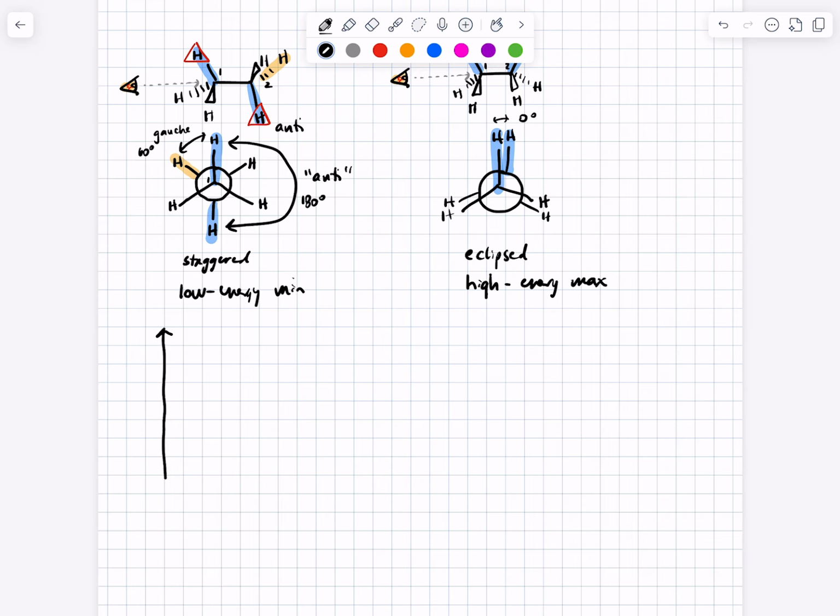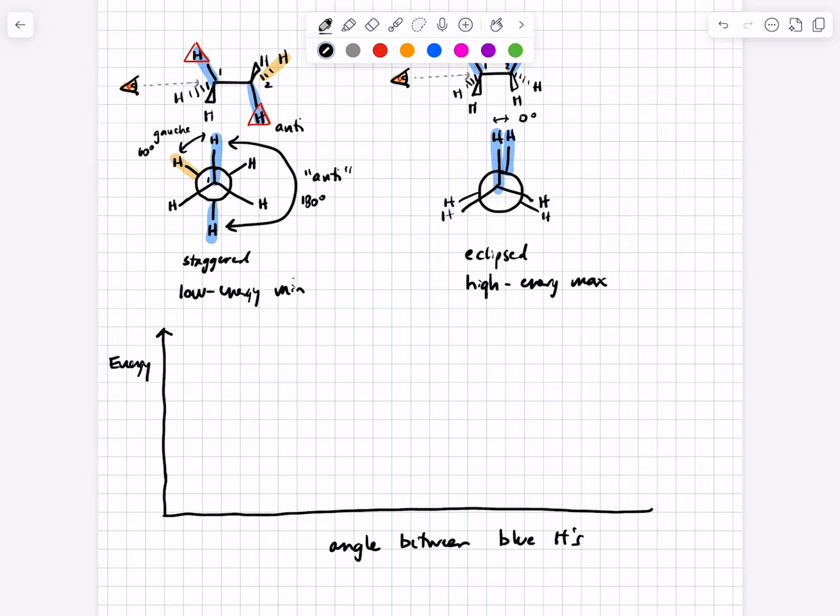So if this is energy, and this is angle between blue hydrogens, you would see that there is a staggered conformation where the angle between the blue hydrogens or triangle hydrogens, either one, is 180.